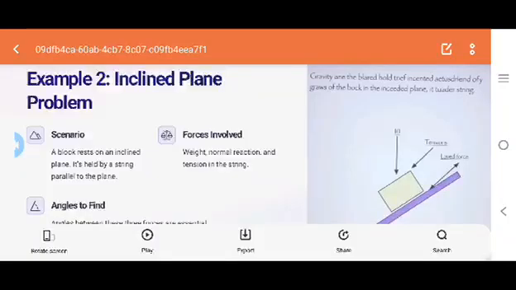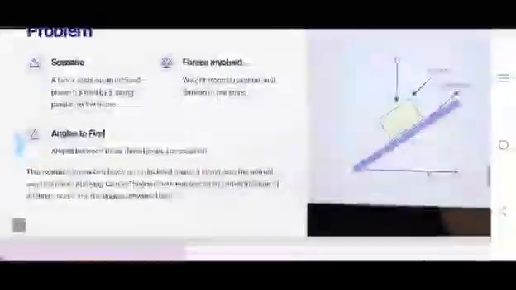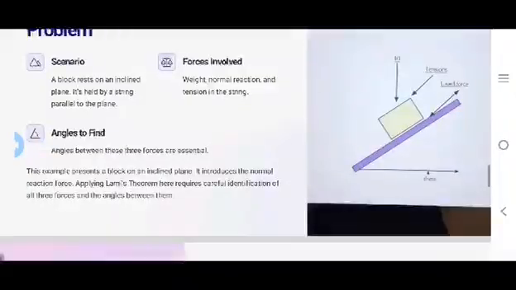The forces involved are weight, normal reaction and tension in the string. Angles to find: the angles between these three forces are essential. This example presents a block on an inclined plane and introduces the normal reaction force. When we apply Lami's theorem here, it requires carefully identifying the three forces and the angles between them.